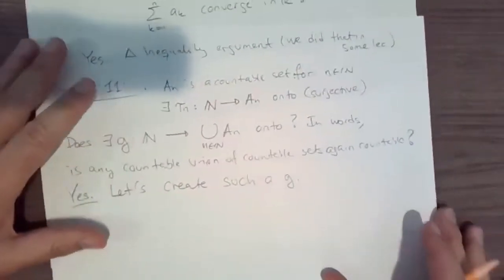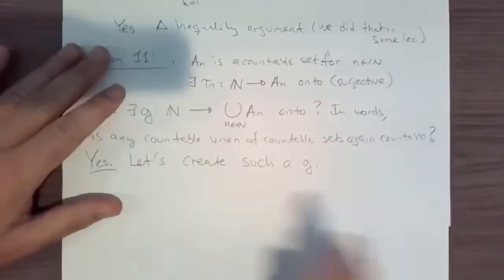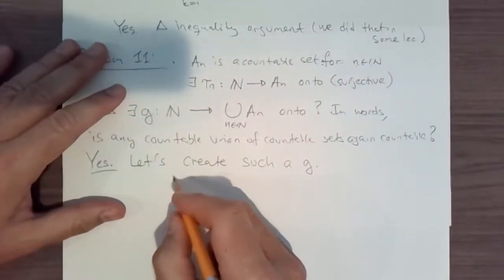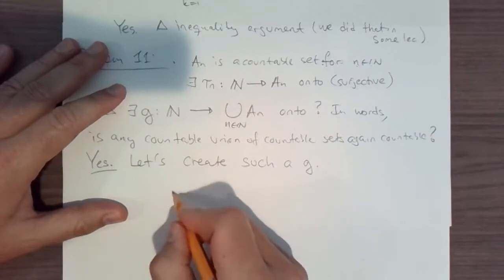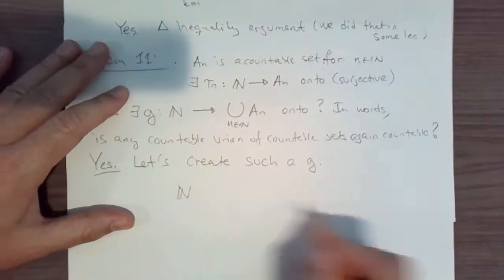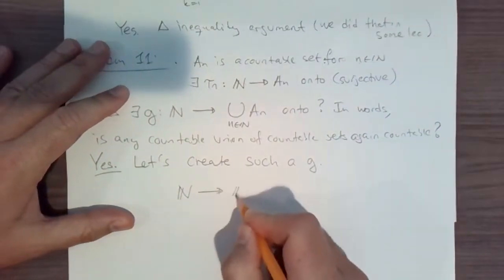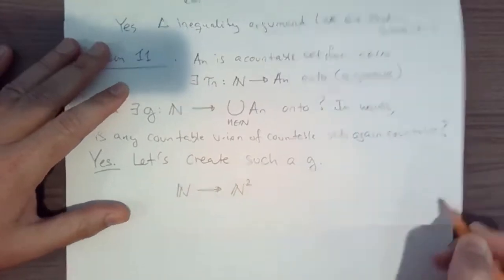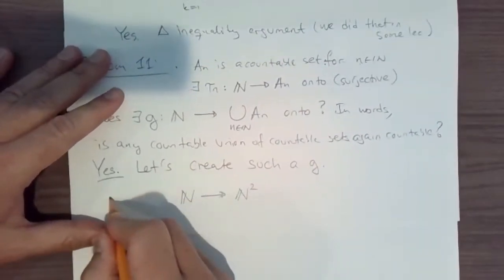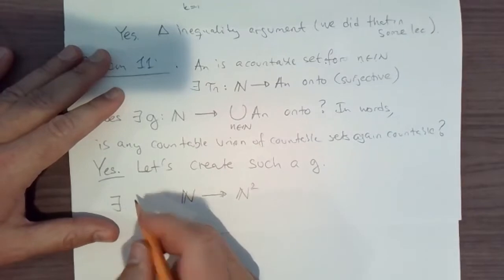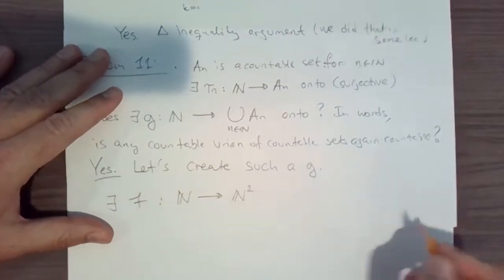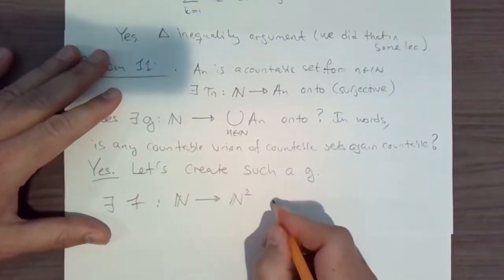So first we need to use something about N. Can I map N into N squared? So I'm claiming that there exists a function f that goes from N into N squared, which is onto.